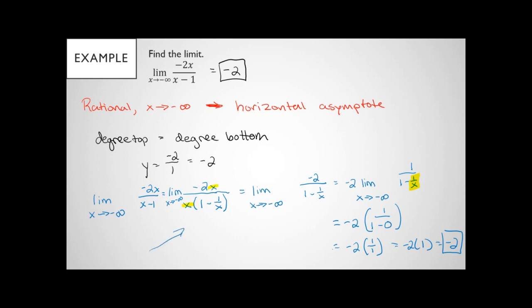But all this work is if you were to do it algebraically, which involves some thinking, and it's a little complicated. So you're not required to show your work that way. You can just say, oh, it's the horizontal asymptote. Here's the horizontal asymptote. This is my limit.